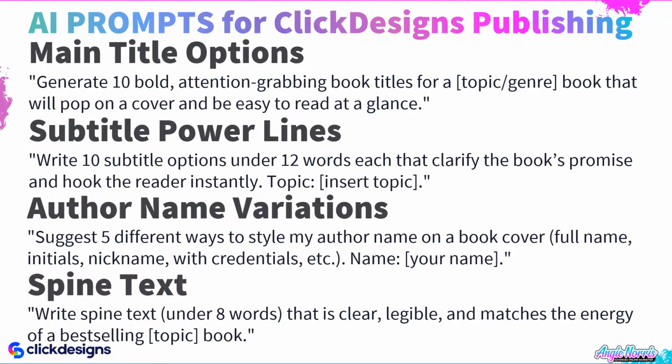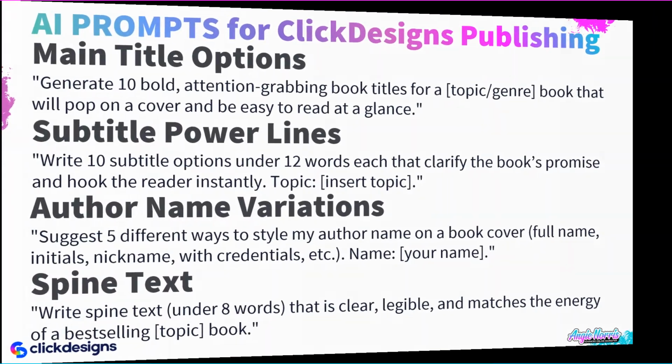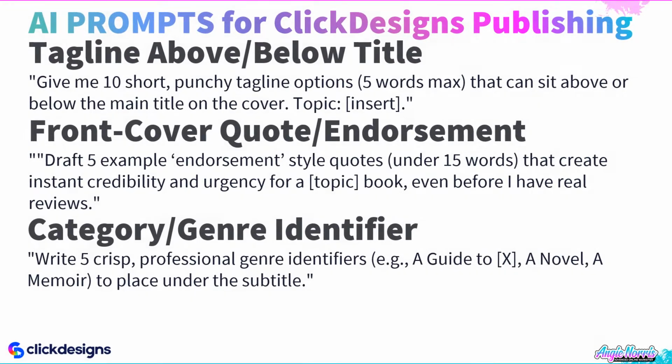So inside of ClickDesigns, we're going to create a book cover and then show you kind of how to add some elements with the copy with the time left we have today. But these are just examples. I put this together for you so you can kind of see main title options, subtitle power lines, author name variations, spine text. We have tagline above and below the title.